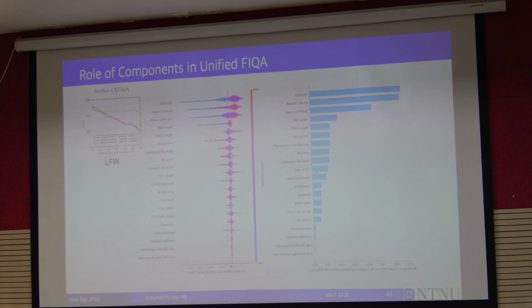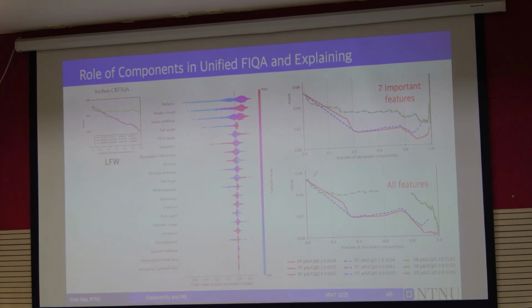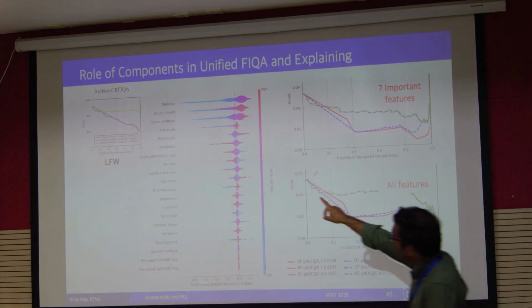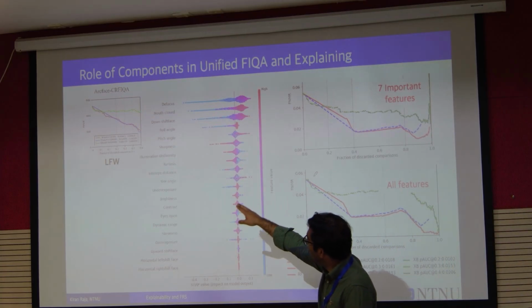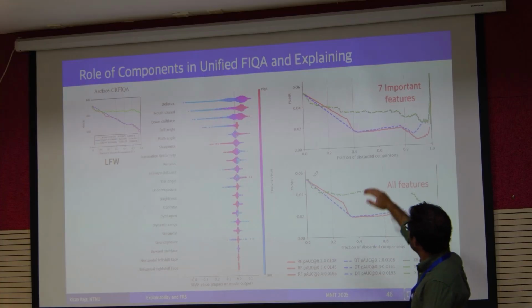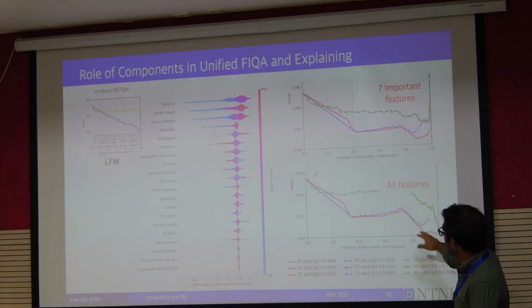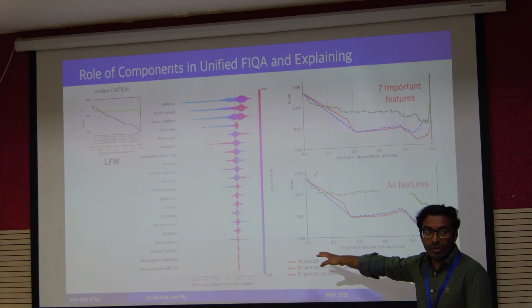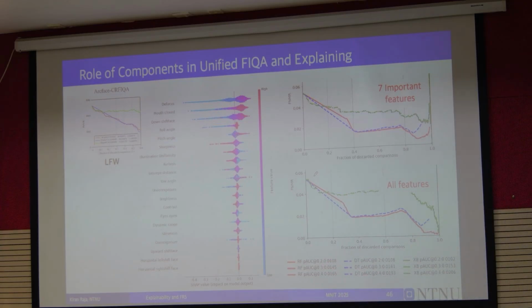The other aspect is that if I take only the top 7 features, defocus, mouth close, and so on up to sharpness, I can still get the same performance as I would get using all the features. So it tells me that I don't have to compute all the other features; they're useless in some sense.